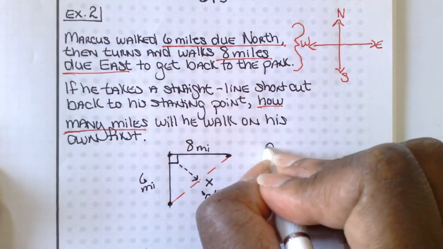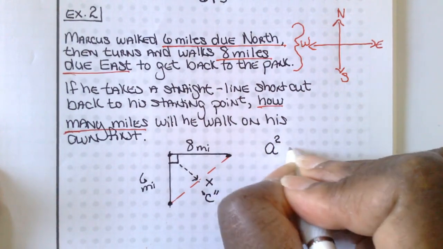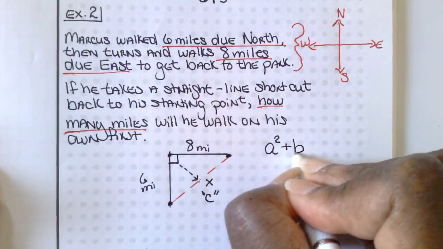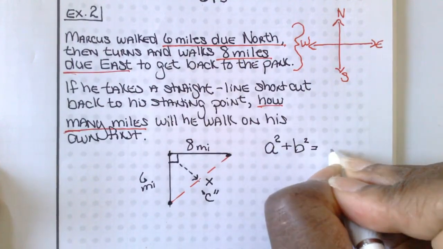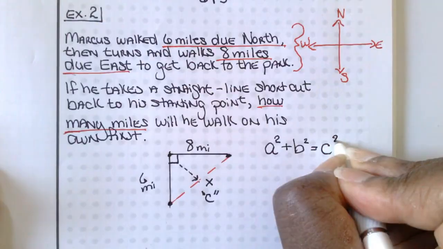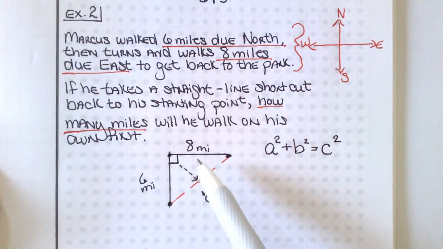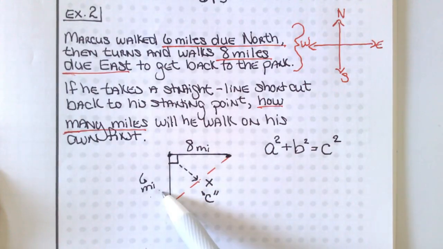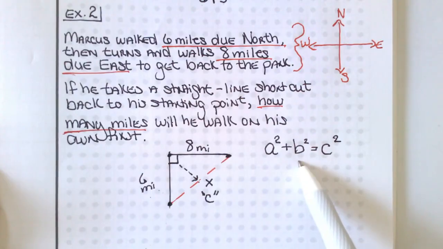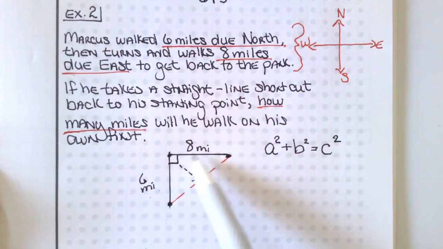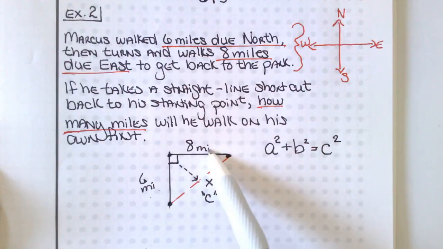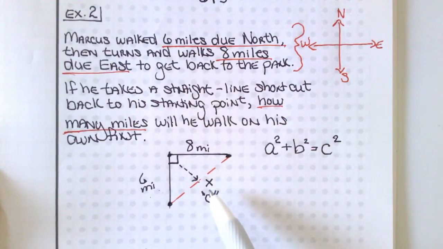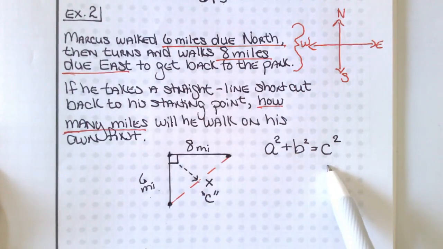So we are doing a squared plus b squared equals c squared. As I mentioned earlier, the two legs are interchangeable. These are your A's and B's. It doesn't matter which one represents your A and which one represents your B. But your longest side is always your C. And how do you know it's your longest side?